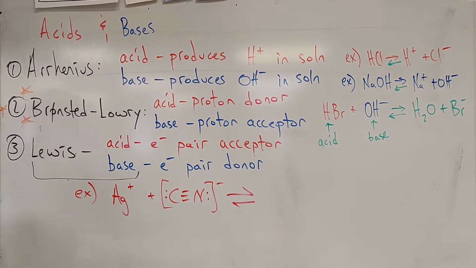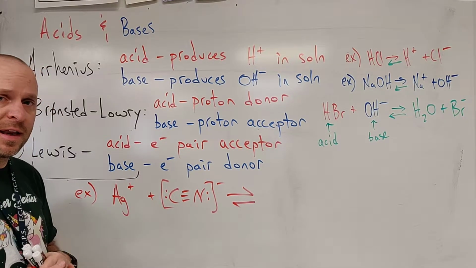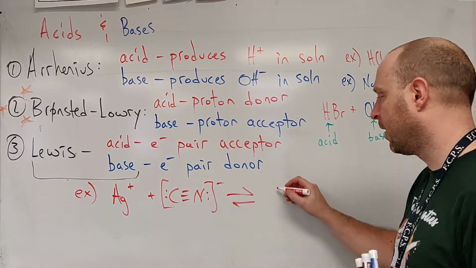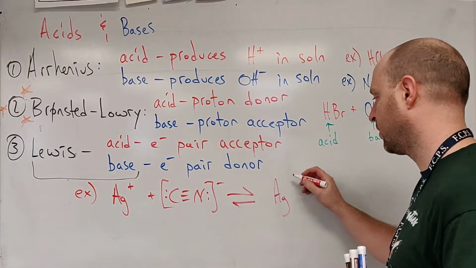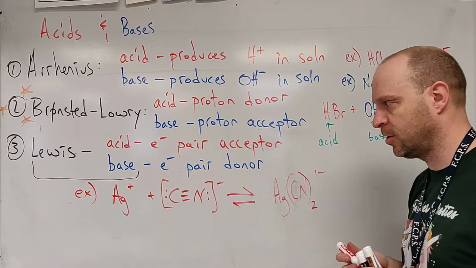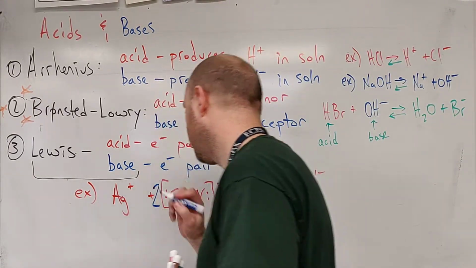But if we have a situation like this, we have some electron pairs that could be donated, we have something that can accept an electron pair, and we end up with, in this particular case, silver, for instance, there's many ways you can do this, Ag(CN)2 with a 1- charge. All right? So we do need to put that 2 right here.